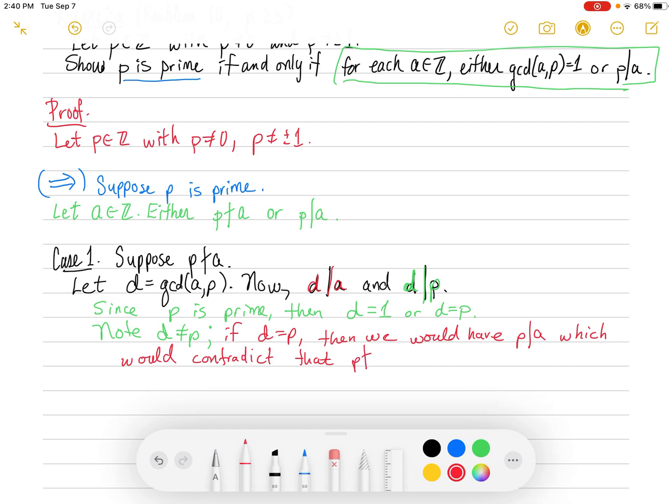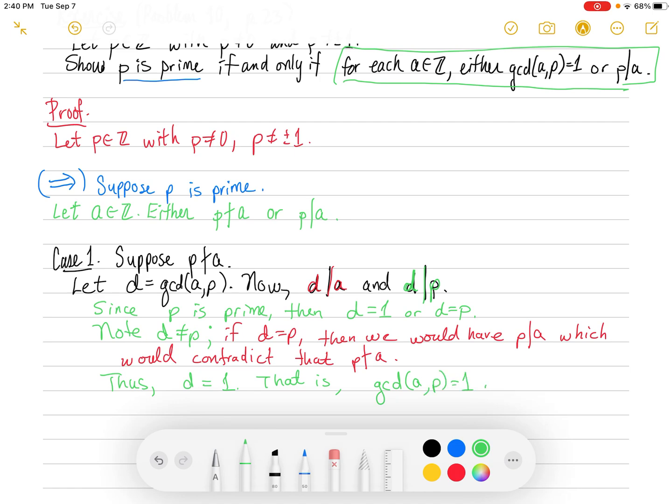So that means d cannot be p. What does that leave as the only option? d must be 1. Remember what d is, it's the GCD of a and p. Thus the GCD of a and p equals 1.